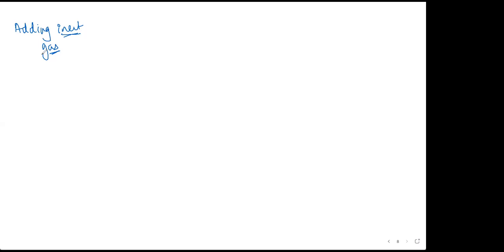Calcium oxide is also not going to react with nitrogen. Carbon dioxide also is not going to react with nitrogen. So nitrogen, even though it's not a noble gas and not an unreactive gas, is, for that particular reaction, an inert gas because it's not going to react with anything in the reaction vessel. So adding an inert gas basically means adding something that does not react with anything in the reaction mixture.